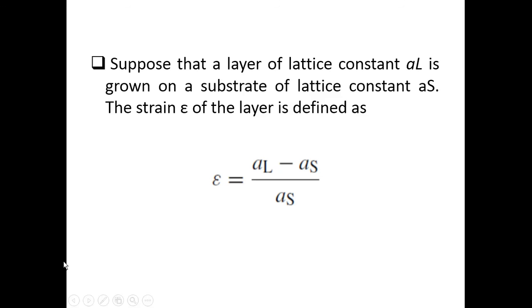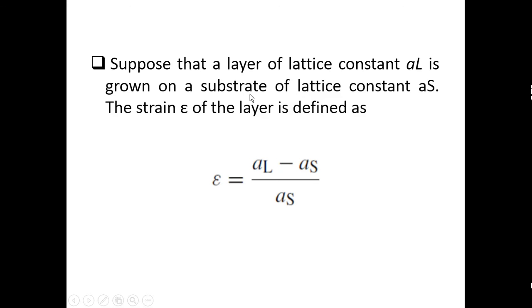For such materials, at the interface, stresses are developed, and this strain on the interface of the two materials is given by lattice constant Al for one material and As for the substrate material.